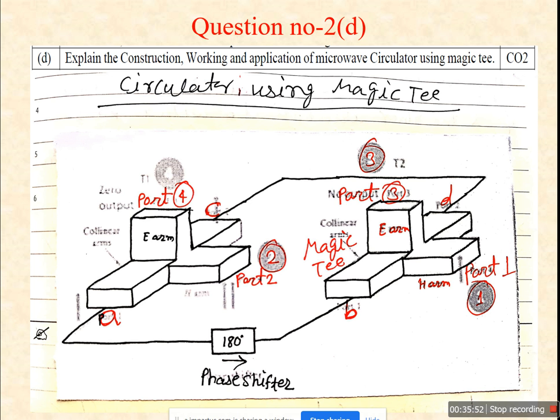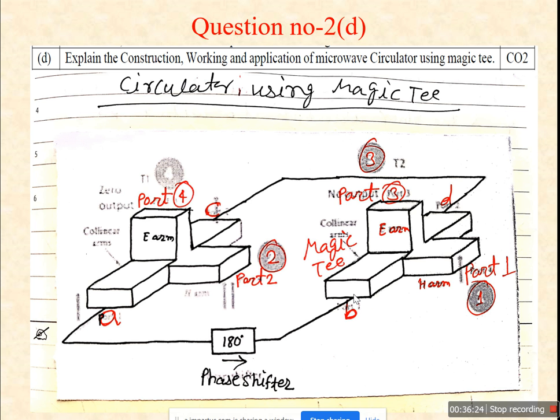Now move to port 2. Whatever power is applied at port 2 is split into two parts with the same phase, A and C. C goes and reaches D, and A comes this side, but here there is a 180 degree phase shift, it changes phase by 180 degrees. Now it reaches B, but at B and D the magnitude of power is the same, but the phase is different.